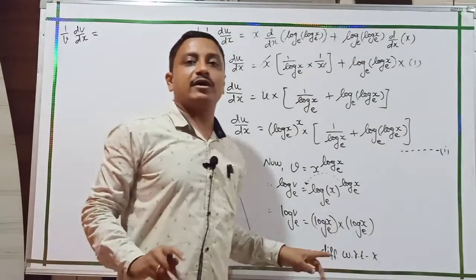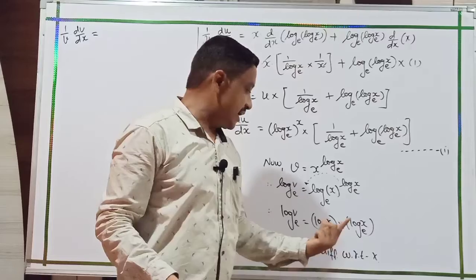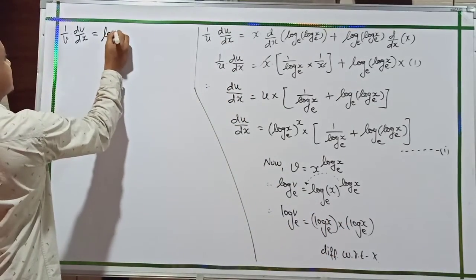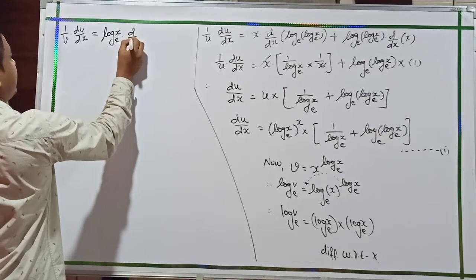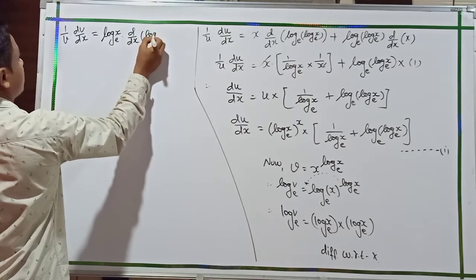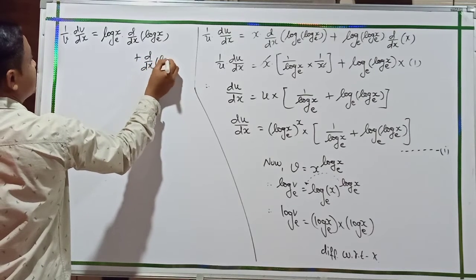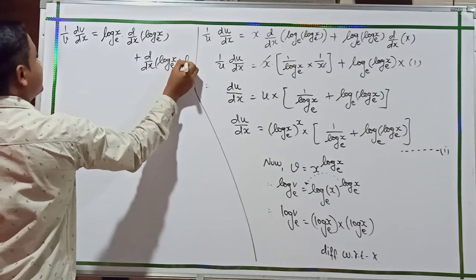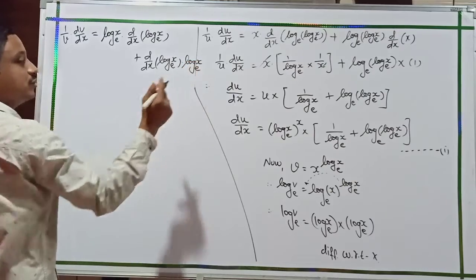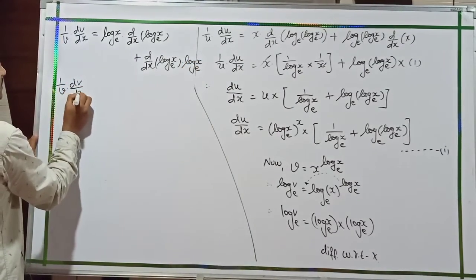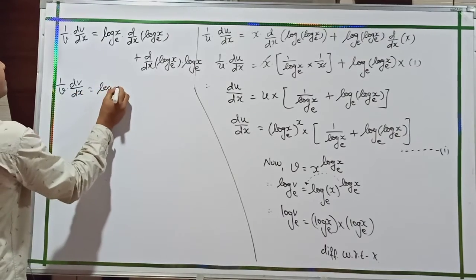And here apply our product rule. You can make it a square also, that is true, students. I take first and second derivative: first derivative, second as it is. Indirectly it is the same, so I write it as 2 times. So 1 by v dv by dx as it is, and log x base e.